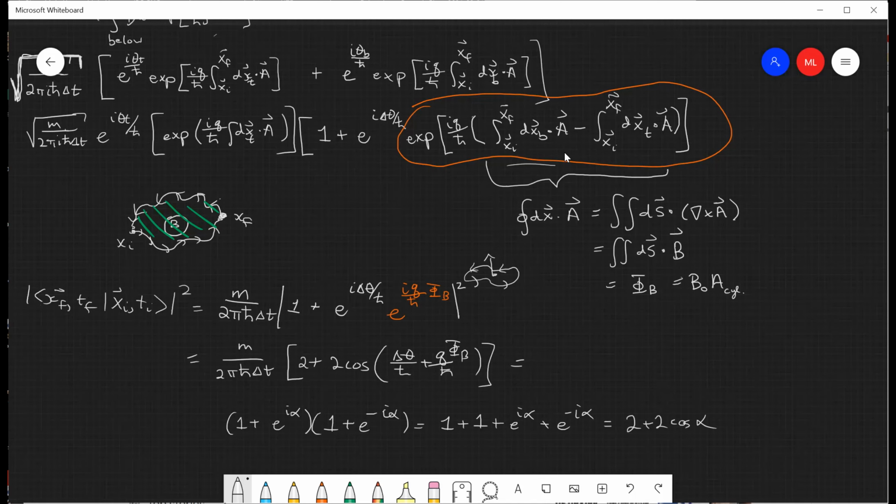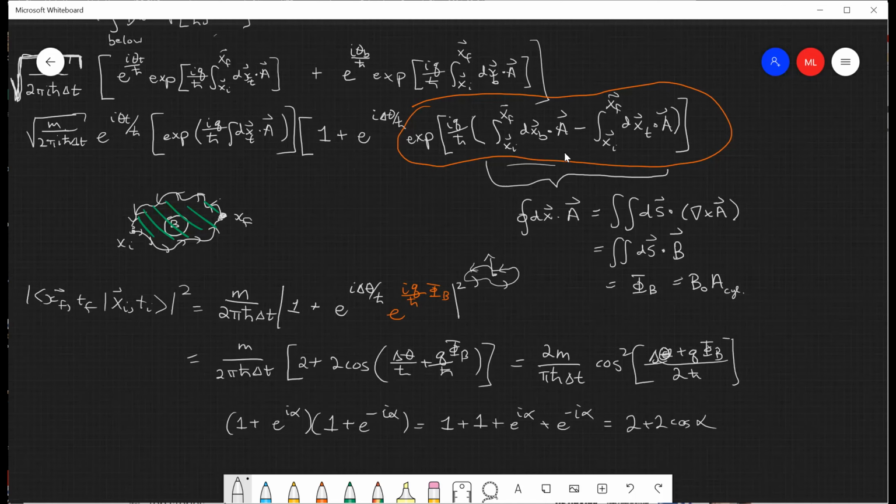Now you can use the half angle formula to rewrite this. The 2's cancel, but then you get a factor of 2 from the half angle formula, giving 2m over pi h bar delta t times cosine squared of (delta theta plus q phi B) over 2 h bar.